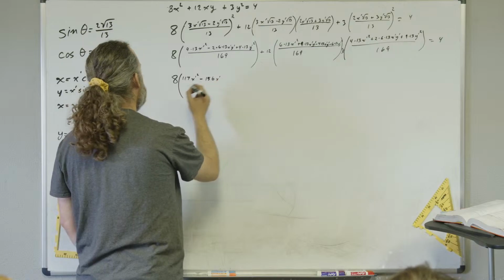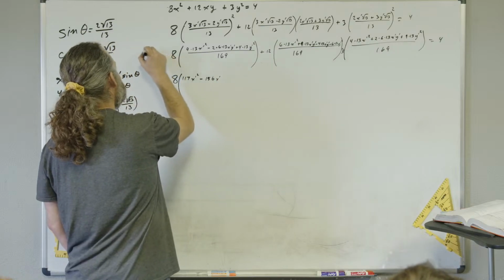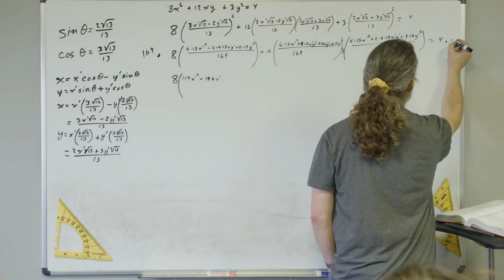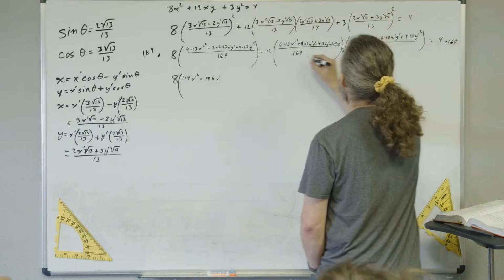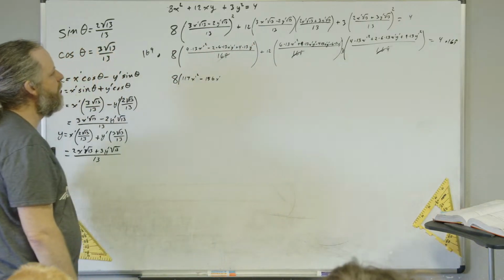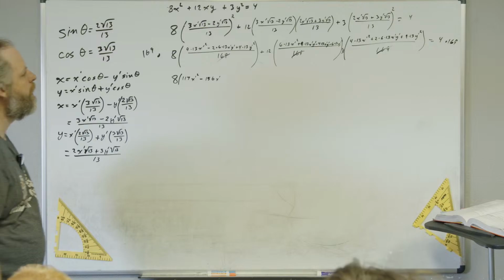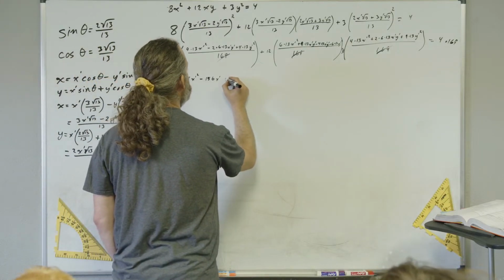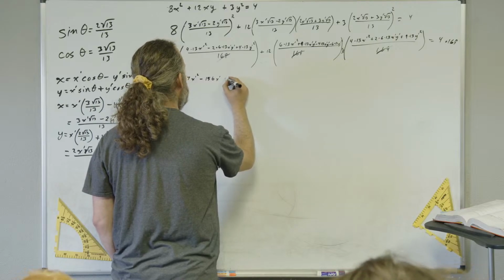Yeah, we could also multiply 169 on both sides, so those can all go away, so we don't have to think about them anymore. Plus 4 times 13, 52.